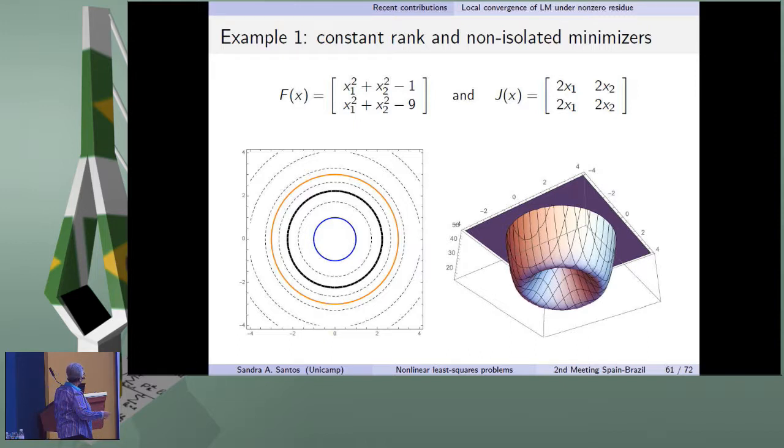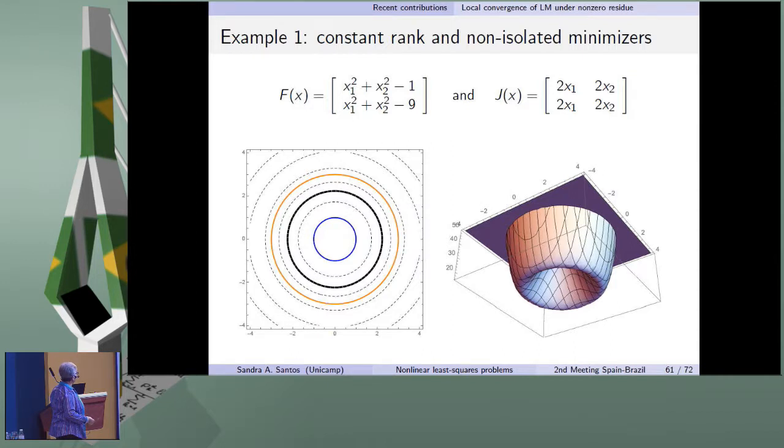For example, here, this is the residual function. The points in which the first residual function is 0 are this blue one, and the second is this orange one, so that the solutions, the compromise points, are these ones in black in this level set plot, and here we have the surface graph of the nonlinear least squares function.